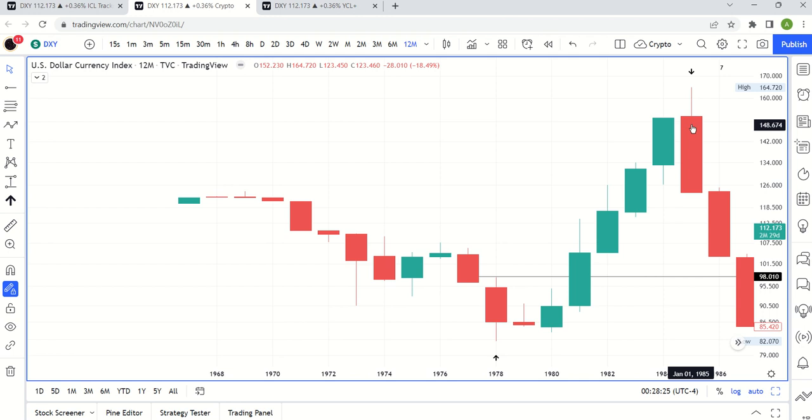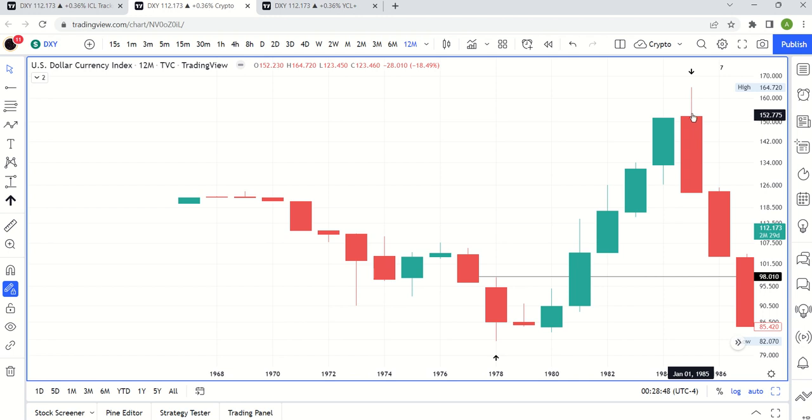That's at 152. And obviously these are levels much higher than where we are right now. And we'll get to that. So it opened at 152. But then the high was 164.72. So it opened at 152, but at some point it went as much as 10 points higher, which is huge for a currency.